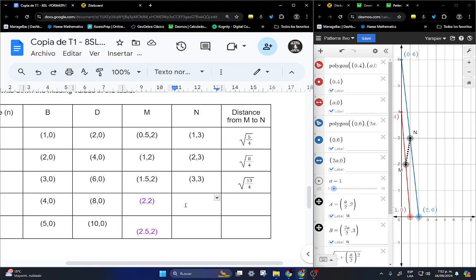Here, something similar happens. You can recognize that the y part of the coordinate is fixed, and the x is changing by 1. It's always adding 1. So the next one is going to be 4, 3, and the next one is going to be 5, 3.